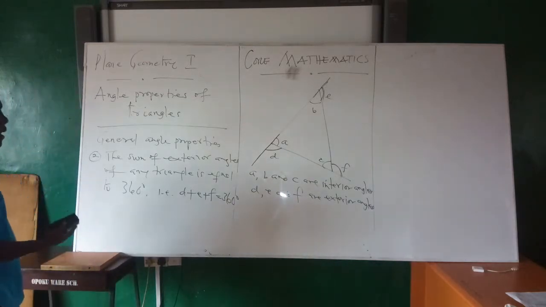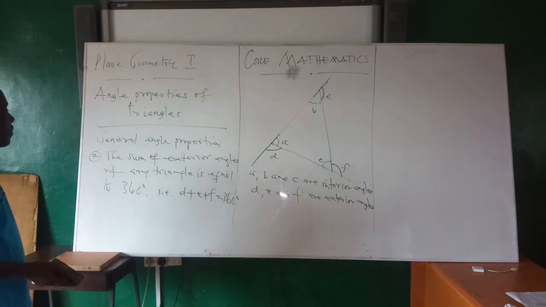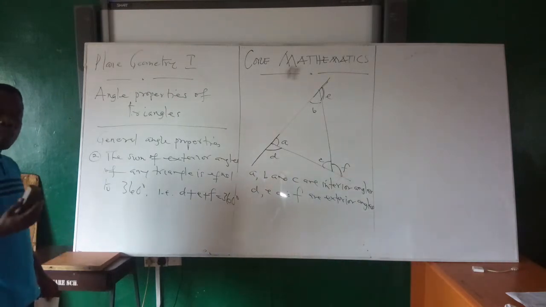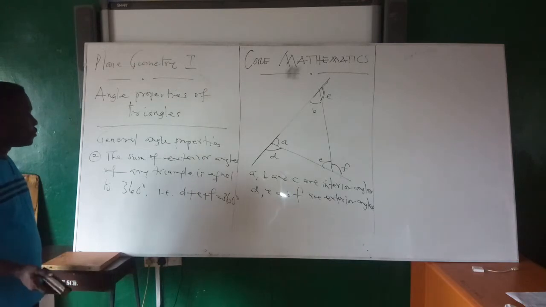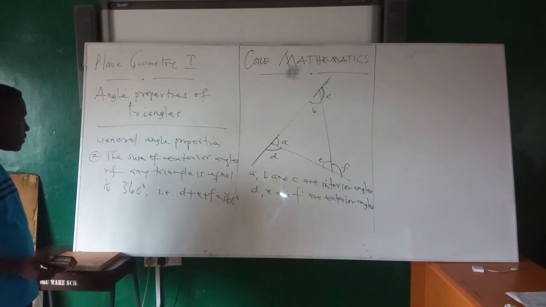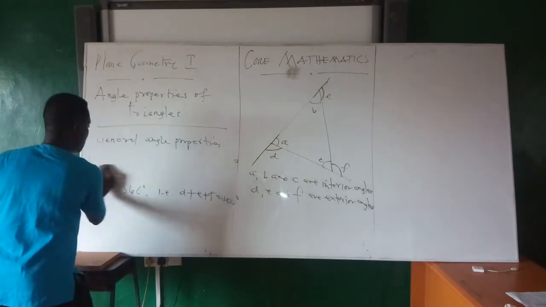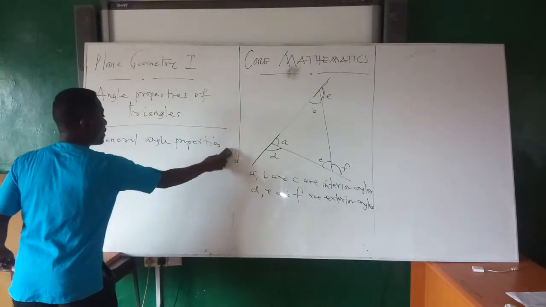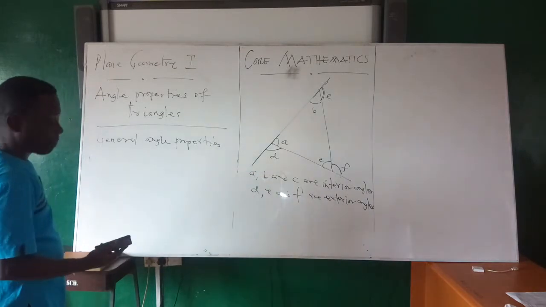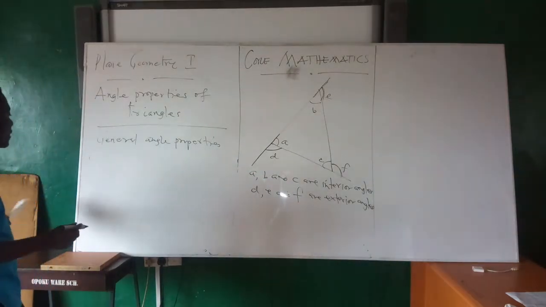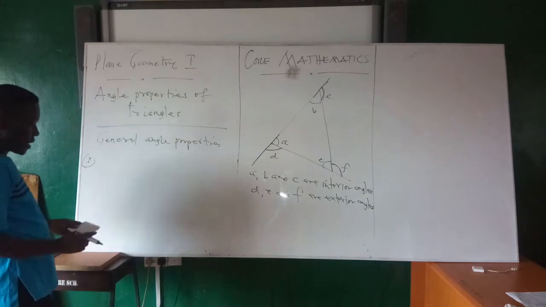Now the third one, in terms of property. Now remember, these are all properties of triangles. The third one is very, very interesting. And what does it say?